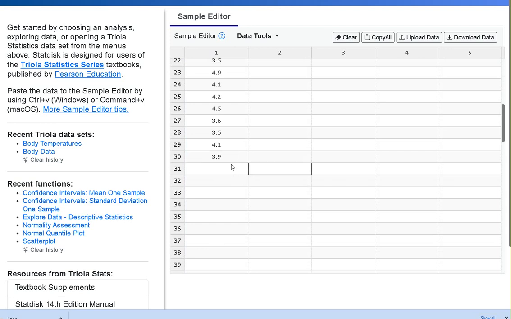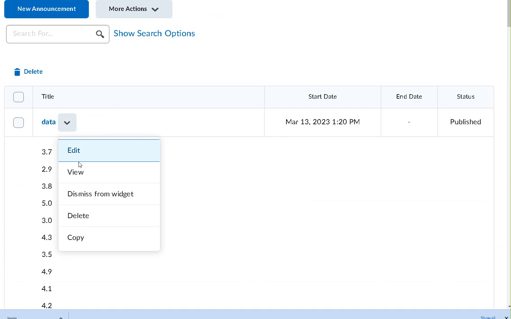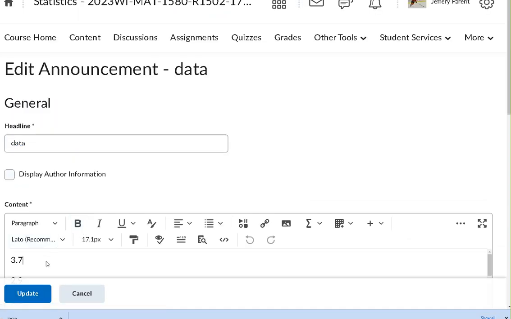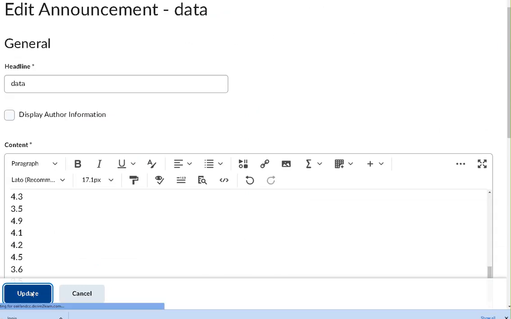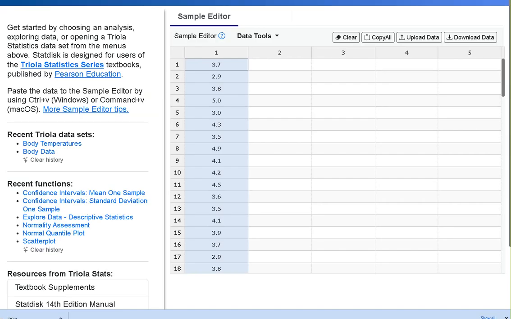All right, let me try this again, because I don't want it to skip spaces. Yeah, I was worried about that. Let me try this again. Edit. There we go. I think that one will work. Try that one. Copy that over to StatDisk. That should work.